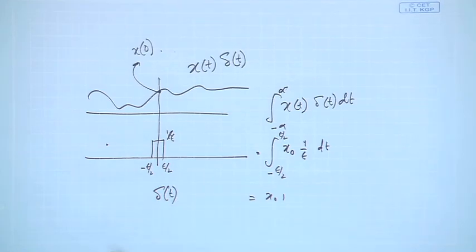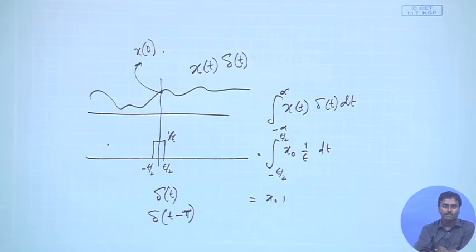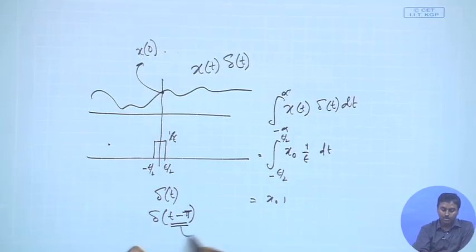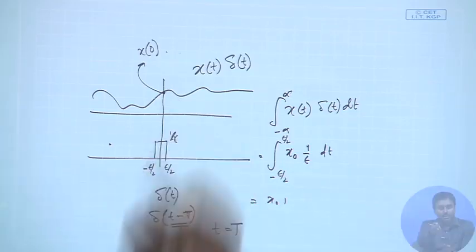Whenever I multiply a function with delta t and integrate it, it will just sample out the value where delta t is defined. Whenever I say delta t, it is defined at 0. Whenever I say delta t minus capital T, it is defined at t equal to capital T, because this has to be 0. So at capital T, whatever the value of that function, it will just take out that value.